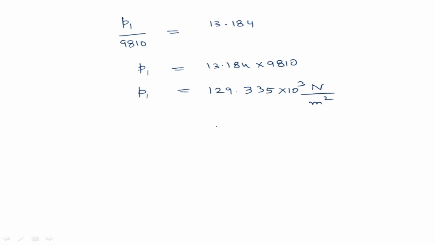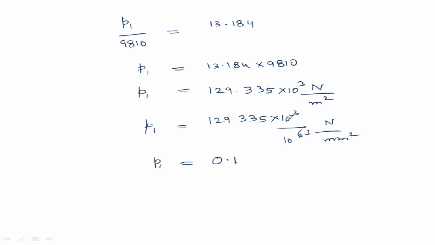If we want to get it in Newton per mm square, P1 is equal to 129.335 into 10 cube. 1 meter is equal to 1000 mm. Therefore, 10 power 6 Newton per mm square. Therefore, P1 is equal to 0.129 Newton per mm square.